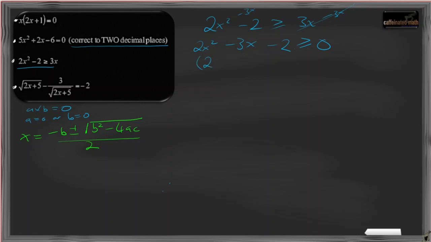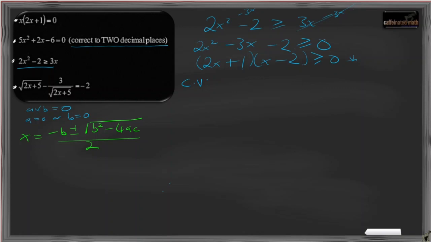So let's get to factorizing, because this is quadratic. All those skills still apply. And of course we need negative 3 in the middle, which means it's minus 2 and plus 1. Now from this form we are just looking for critical values.